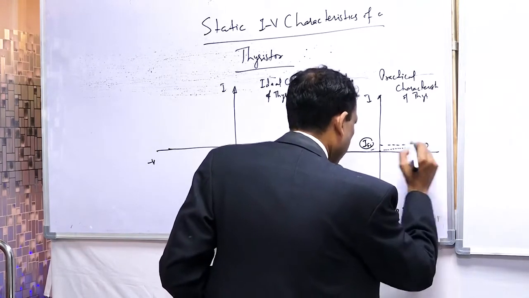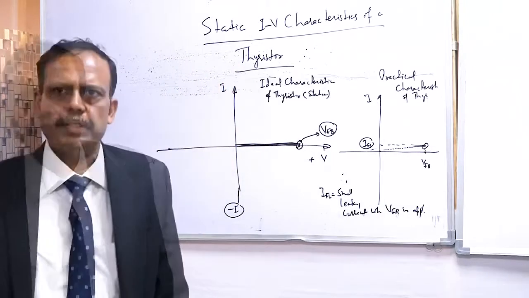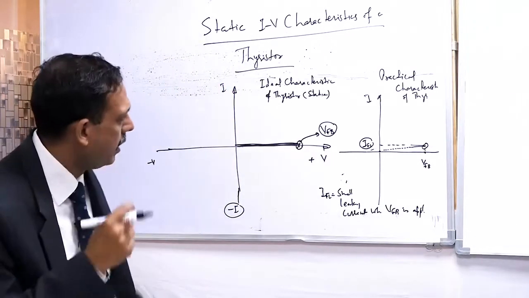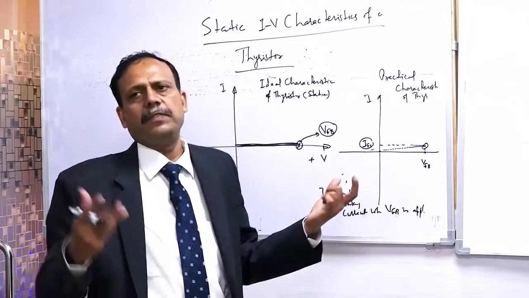Is it clear? So this is going to be our point. Yes, correct. A small leakage current will be there, because it is positive, the positive current will come.